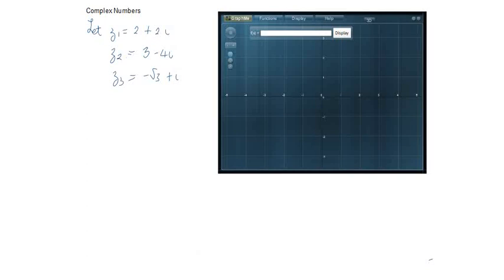There are a lot of questions that could be generated from these given examples. You may be asked to change this Cartesian or rectangular form into modulus-argument or polar form, or into Euler's form. Another thing is you may be asked to graph this in the Argand diagram.